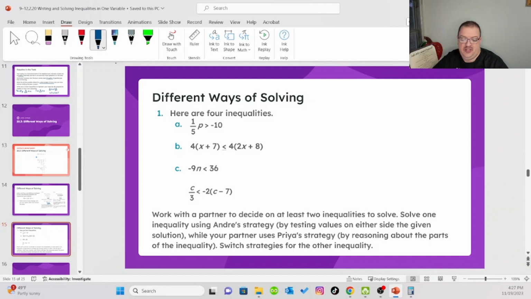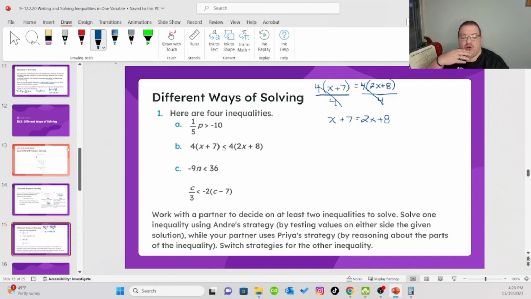So for B, let's try Andre's method. We're going to begin by rewriting this as an equation. I see that both sides are being multiplied by 4, so I can divide both sides by 4. That's going to leave me x plus 7 equals 2x plus 8.